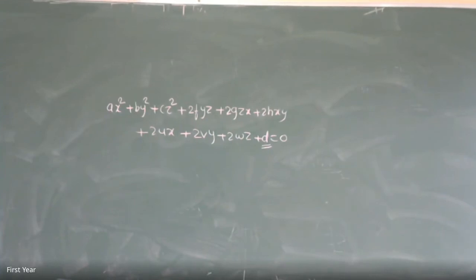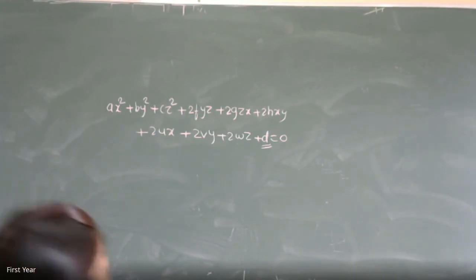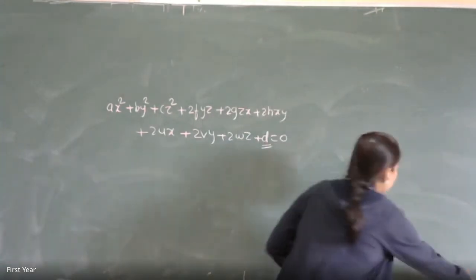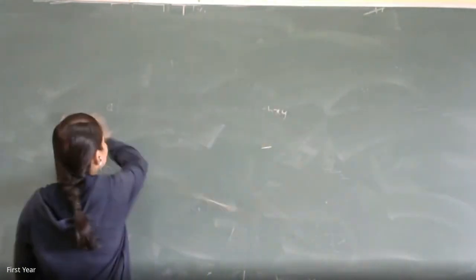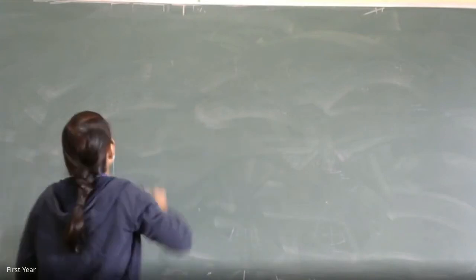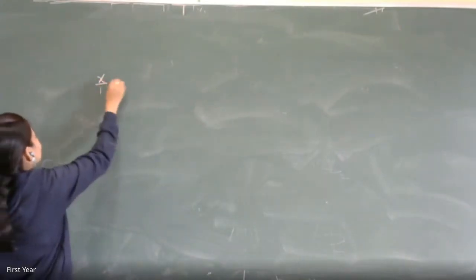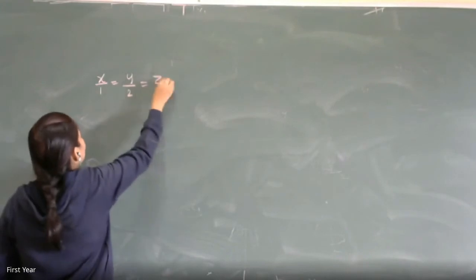Vertex at origin, semi-vertical angle is 30 degree, and axis is the line x by 1 is equal to y by 2 is equal to z by 2.